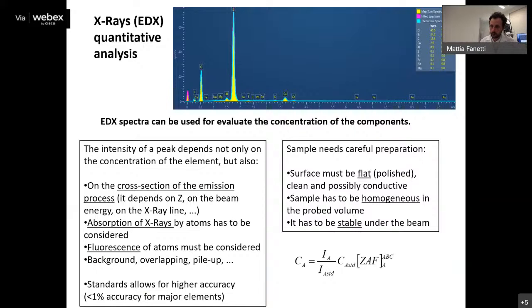You can say to the software, okay, silicon is there, but don't consider it in the quantification. Or if you make a coating of carbon, consider it, but don't put it in the quantification. You can do something like this.